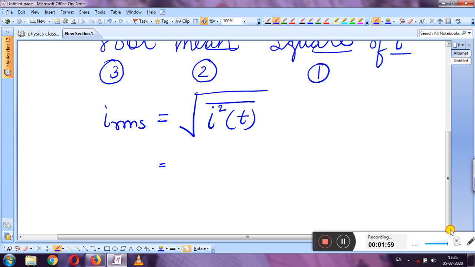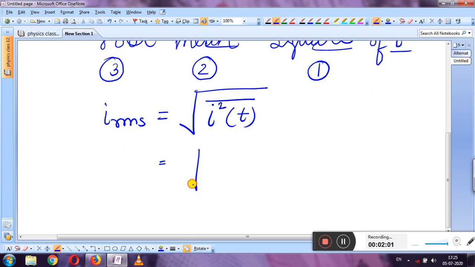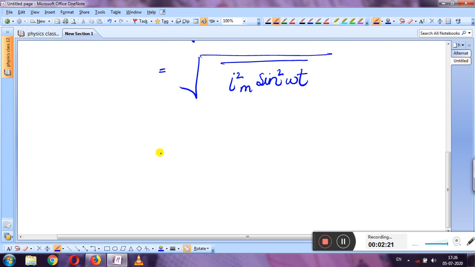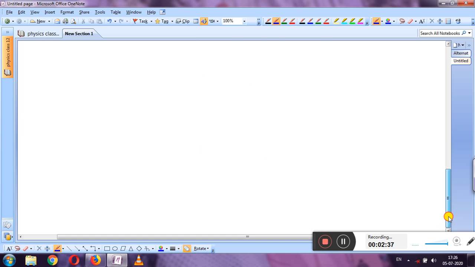Now let us see what we can do here. Square root, then the mean of Im square sine square omega t. We have written the instantaneous value and squared it. Inside the square root, the average value of Im square will be Im square only, and the average value of sine square omega t will be equal to 1 upon 2.